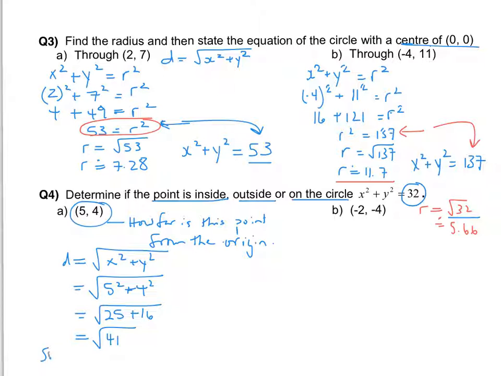Okay, so since this point is further from the origin than the radius, it is outside the circle.